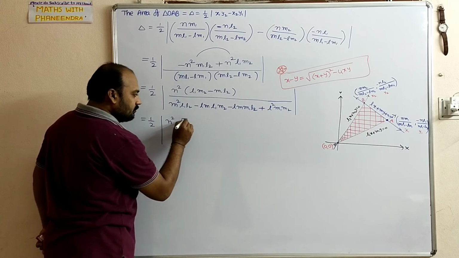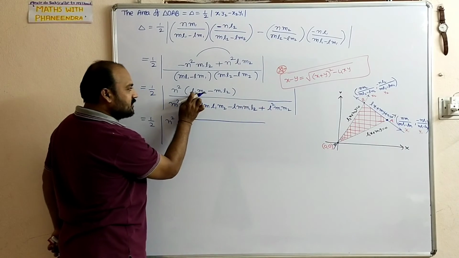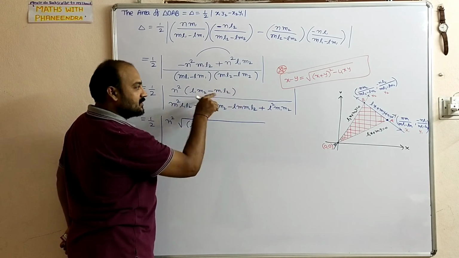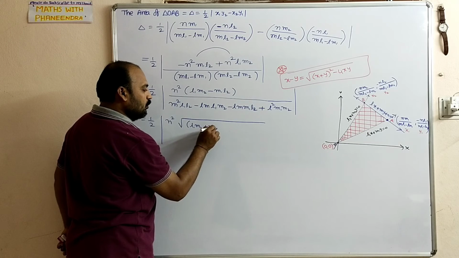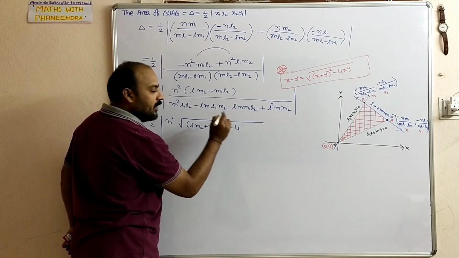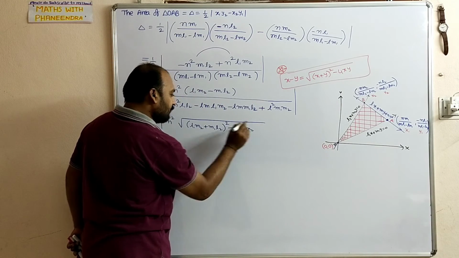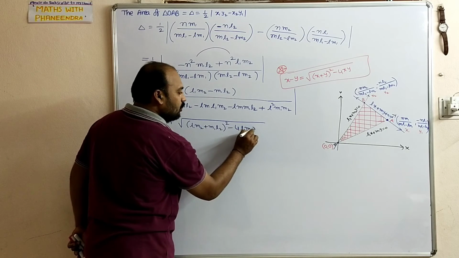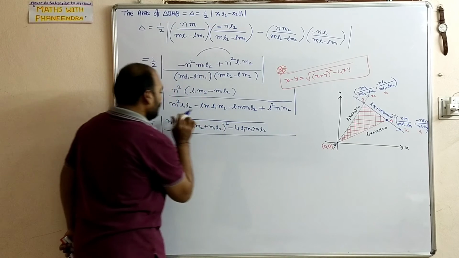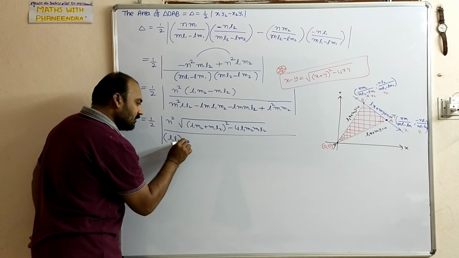root of x minus y, which can be written as x plus y whole square. X value is L1 M2 plus M1 L2, Y value is M1 L2, whole square minus 4 into xy, L1 M2 M1 L2, divided by L1 L2 M square.